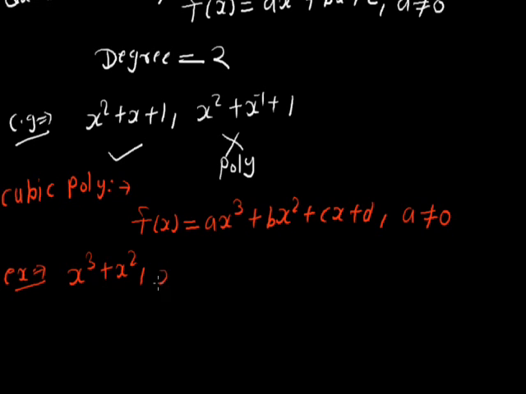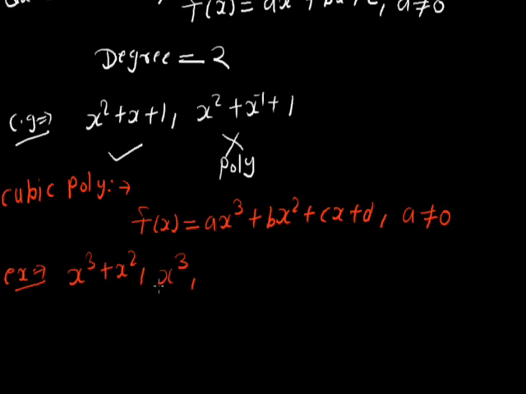What are the other examples? x cube, it is also a cubic polynomial. So basically, classification of polynomials on the basis of degree does not depend on the number of terms. We have to check the highest power of the exponent of the variable in which our polynomial is defined. It is not concerned with the number of terms.